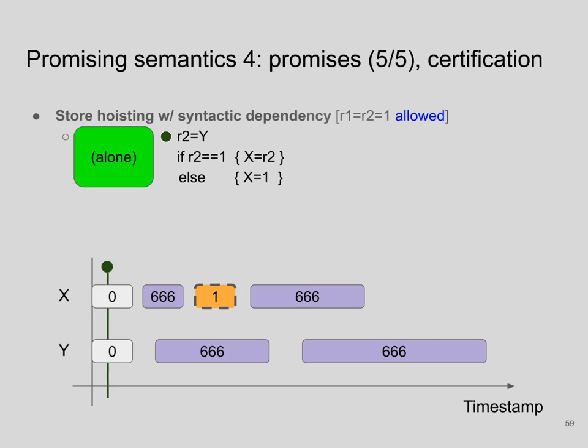So let me explain why. The second thread may read y equals 0, and as a result, you can go to the else branch, and then you can write x equals 1 in this branch. So the promise is actually fulfillable. You can later actually execute x equals 1 in this case.